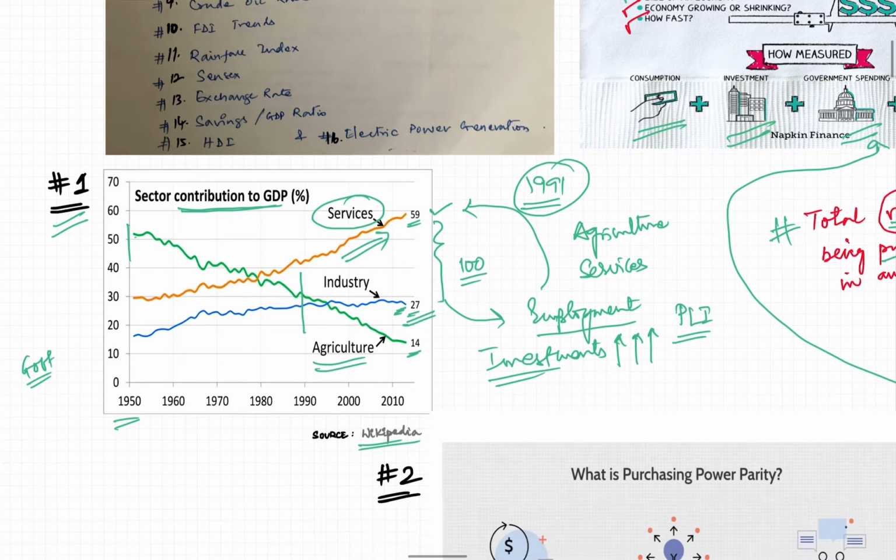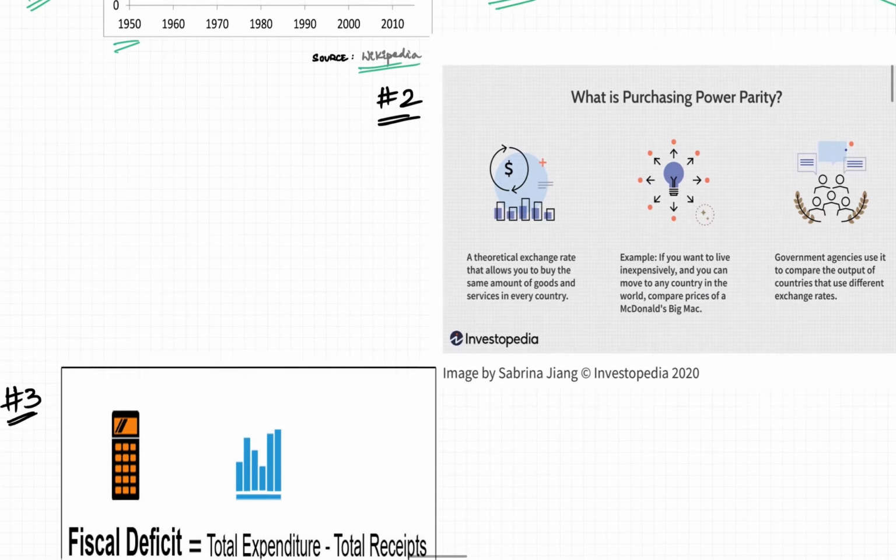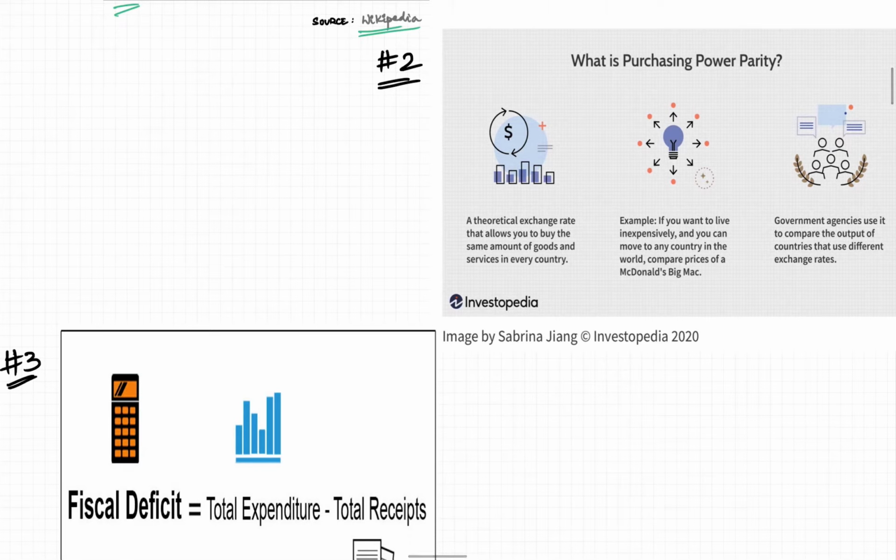Now there is one more indicator with respect to the economy. Why I'm discussing all these aspects is that we'll be coming across these words: GDP, contributions, purchasing power parity, fiscal deficit, rainfall index, human development index.